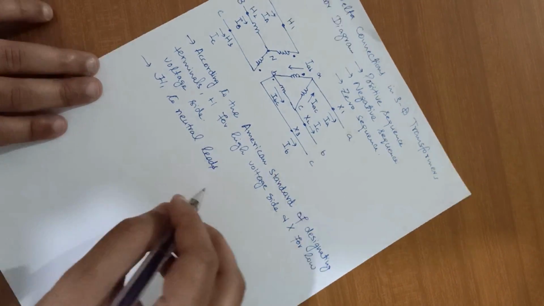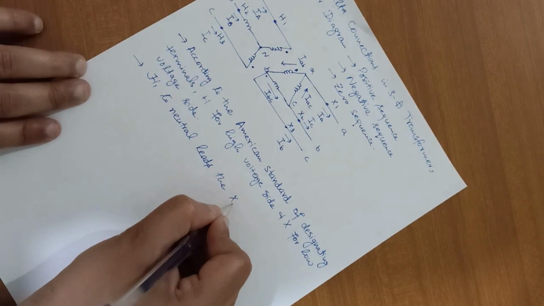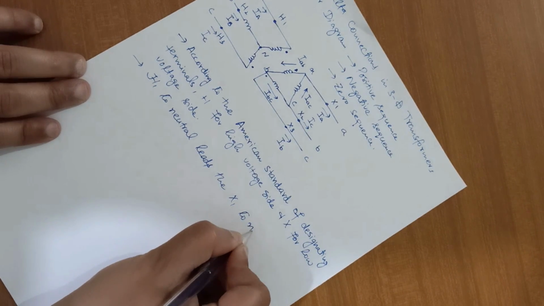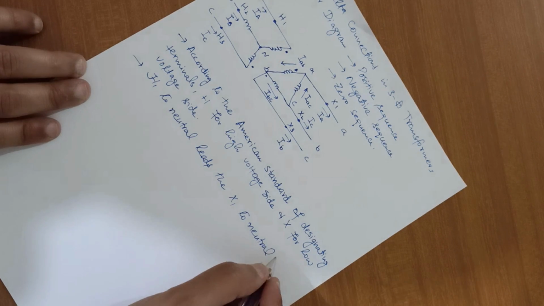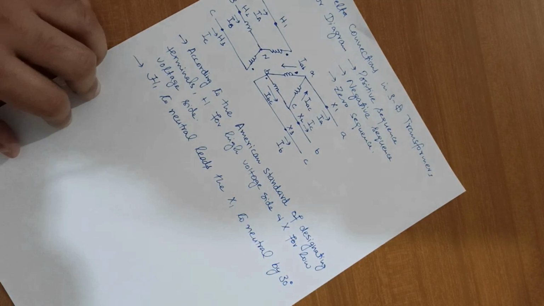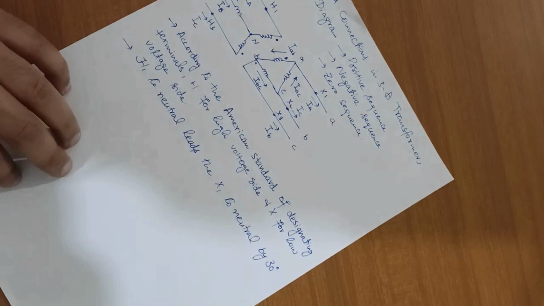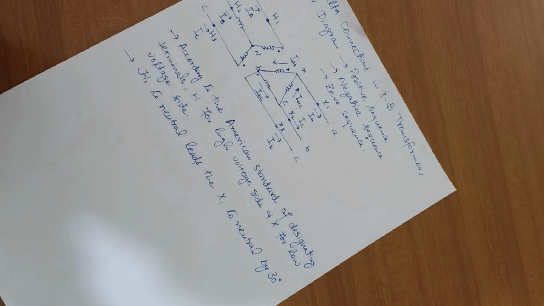As you know, there is no neutral inside the delta, but under balanced voltage conditions we consider the ground as a neutral.